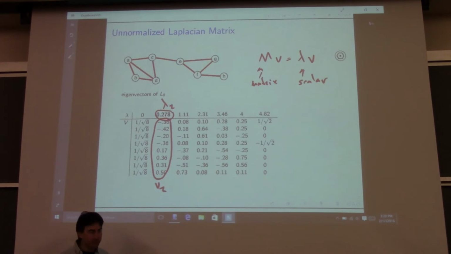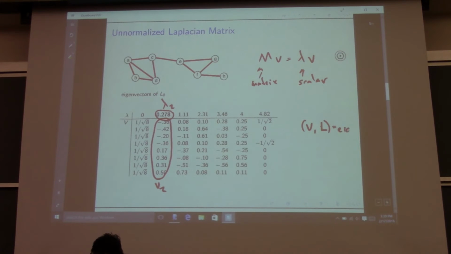ignore. And so if you want to actually calculate this, for the purpose of this class, you can just call in MATLAB.